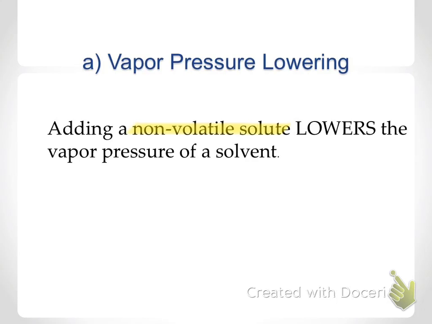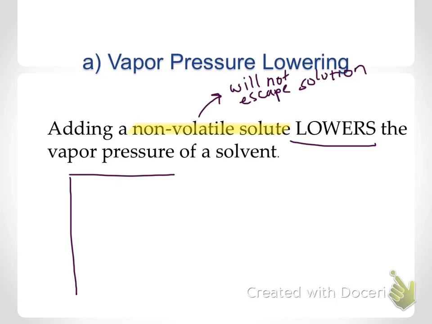It just always does. And we're not even going to get into why, we're just going to say that it does. So adding a non-volatile solute, and I'll just make a little note here, non-volatile means will not escape solution. That is always going to lower the vapor pressure of that solvent.